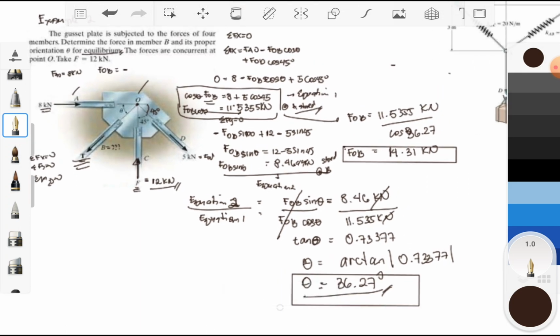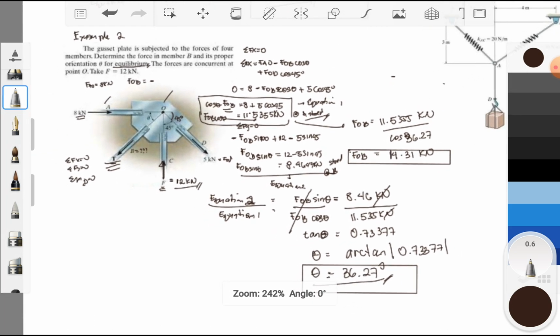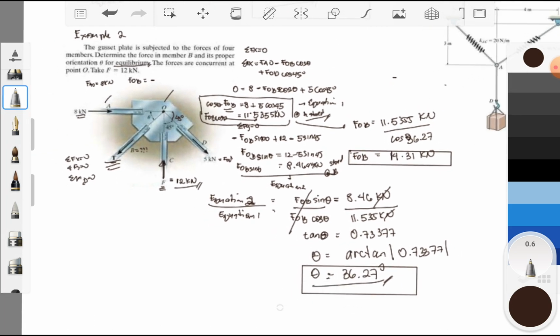Okay, so as we go on with our example, try to internalize our solution. If you are talking about equilibrium, what we take is that your summation of F of x must be equal to 0. Your summation of F of y must also be equal to 0. Which indicates that there is no vertical and horizontal motion.